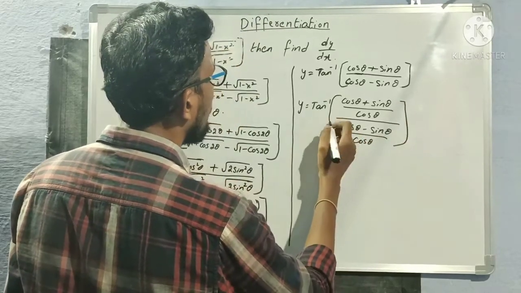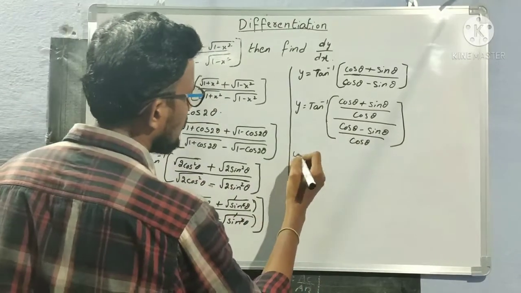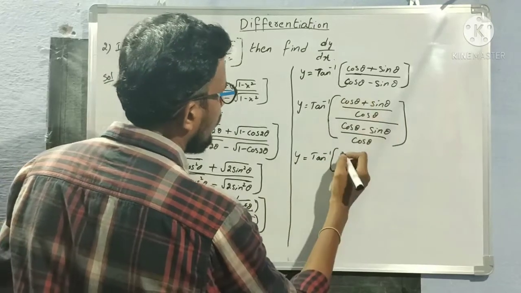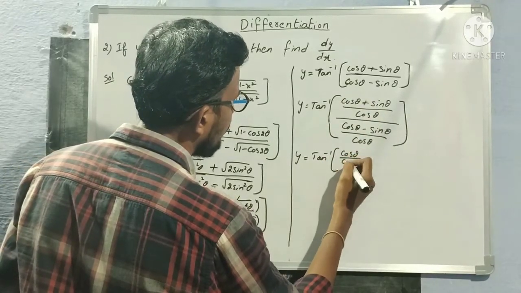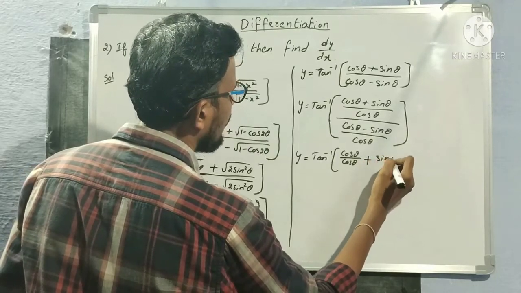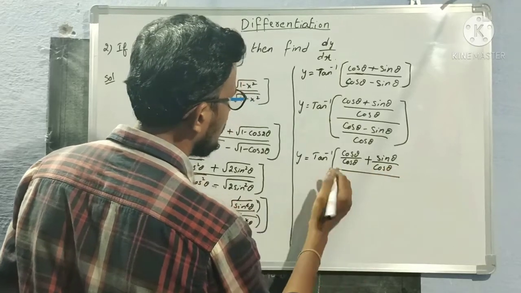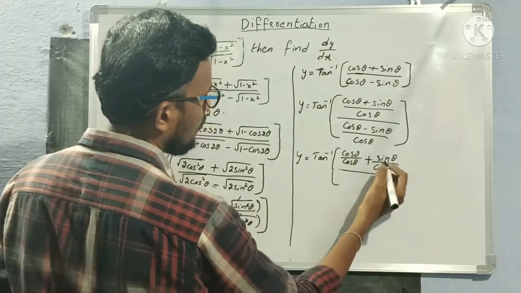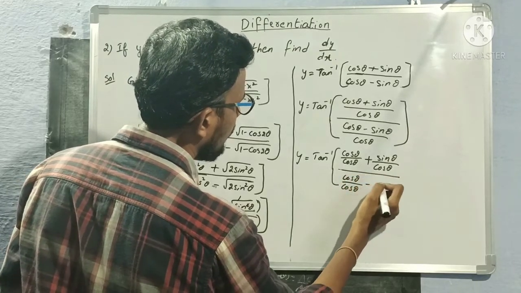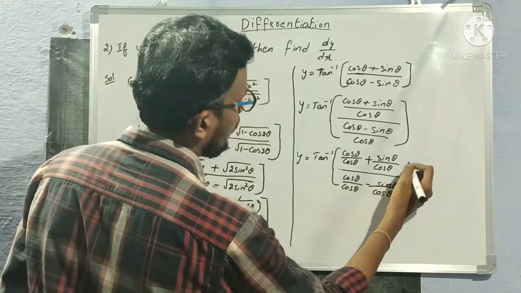Okay. Now I will get a function in terms of tan. So y is equal to tan inverse of, again I should write numerator and denominator separately so that I will get tan theta. That is cos theta by cos theta plus sin theta by cos theta, in the same way cos theta by cos theta minus sin theta by cos theta.